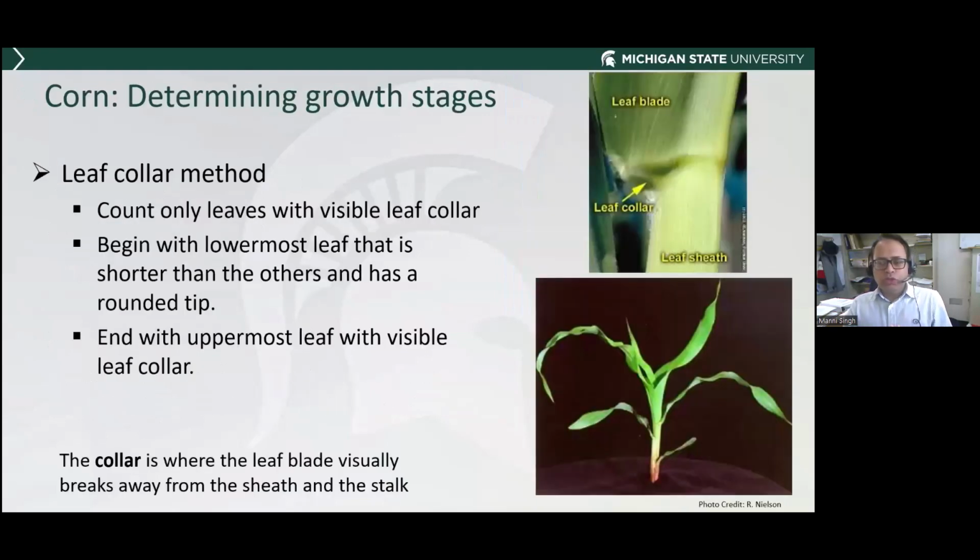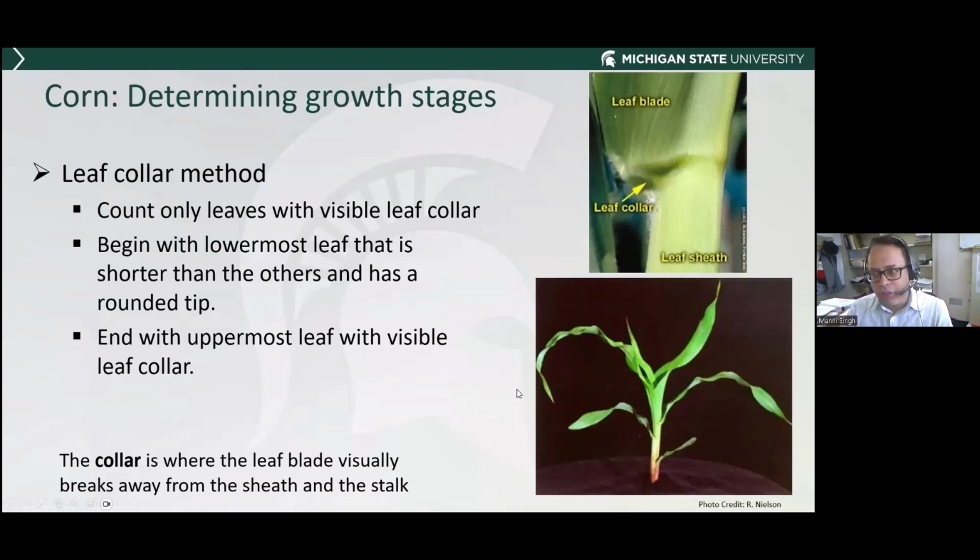All right, let's move on to corn here. So as I said before, the most commonly used method is what we call the leaf collar method, where for V stages, we are counting the number of leaves with a visible collar, as you can see in this picture. And it's a clear separation between your leaf blade and leaf sheath.